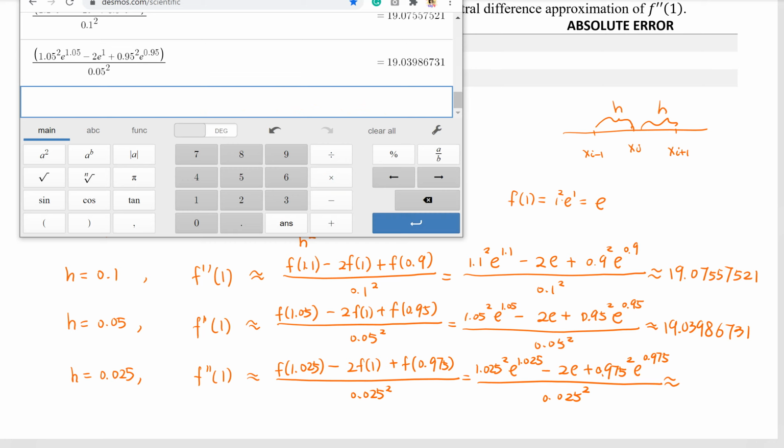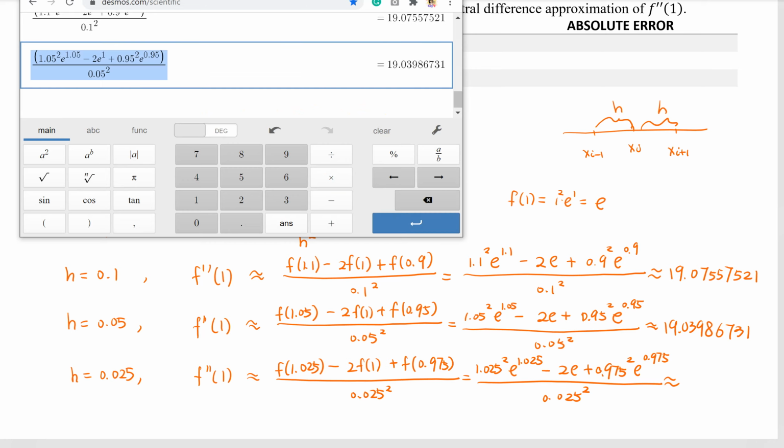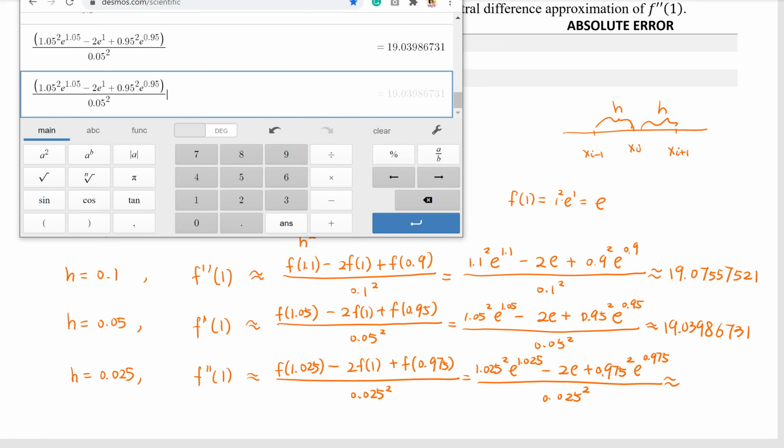So we copy the previous line. So we don't need to input the whole thing again, right? Just modify it. This is 1.025 and this is 0.975.